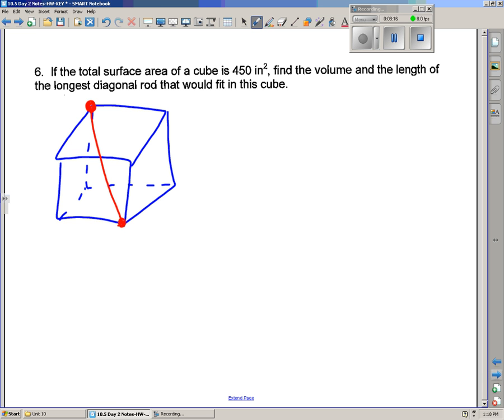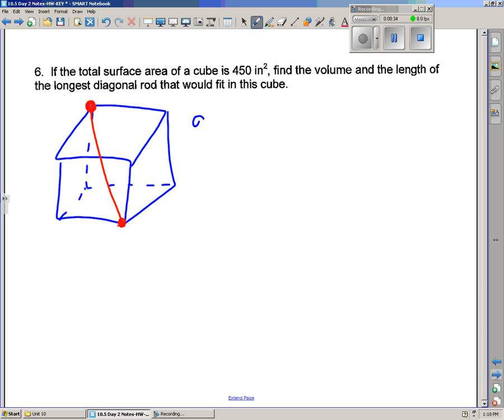And it turns out there happens to be a formula to find the length of the diagonal of a cube, and that's the longest segment anywhere in that particular cube. And it turns out that it's based off the Pythagorean theorem, because you can make these right triangles, a formula that you're going to need to know.